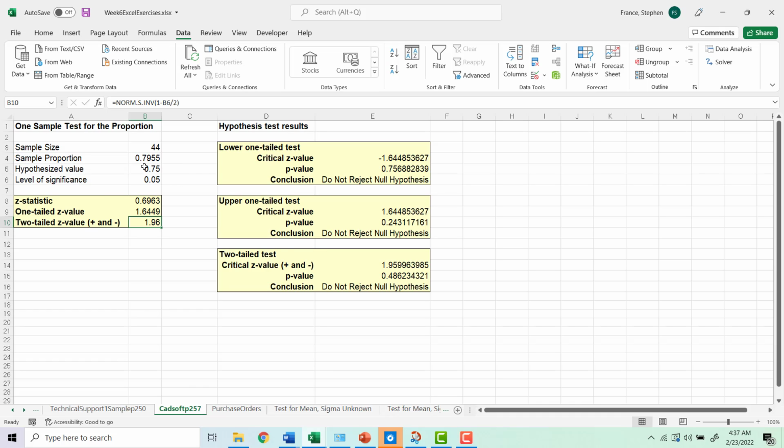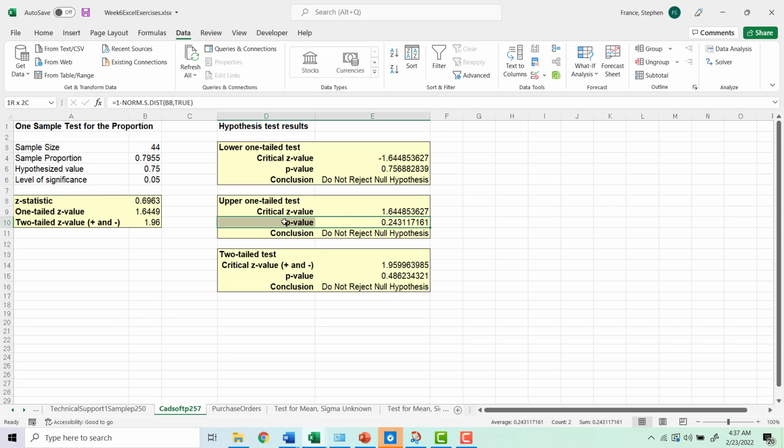So let's just check. We are doing an upper test as per page 257. Our critical z is 1.645. Our actual z is 0.696. So our actual z is less than the critical z, so we fail to reject.